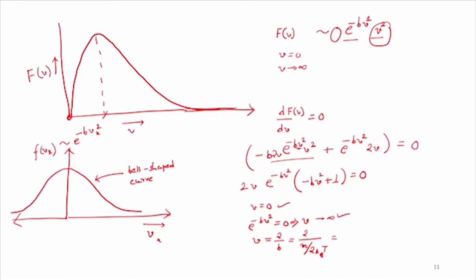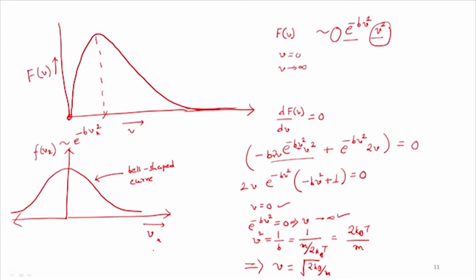And then I'll have v square is equal to 1 by b, so twice kBT by m, or we can say that v is nothing but the square root of twice kBT by m. Now this v we write as v most probable, meaning the most probable velocity.